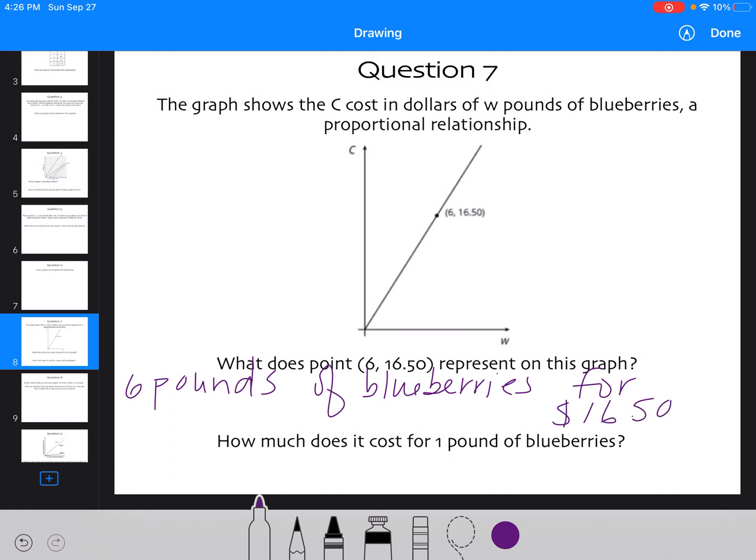How much does it cost for 1 pound of blueberries? So I'm going to do $16.50 divided by 6. And I get $2.75. So my constant of proportionality would be $2.75.